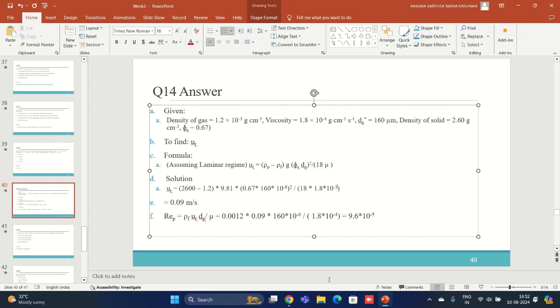So it is (2600 minus 1.2) into 9.81 into 0.67 into 160 square into 10 power minus 12, divided by 18 into 1.8 into 10 power minus 5.